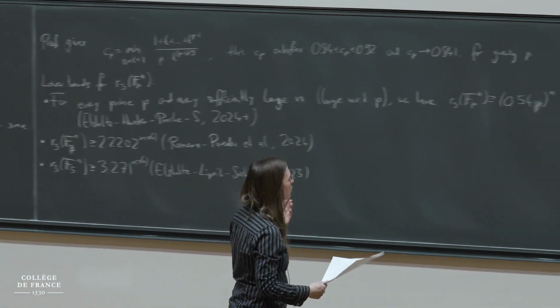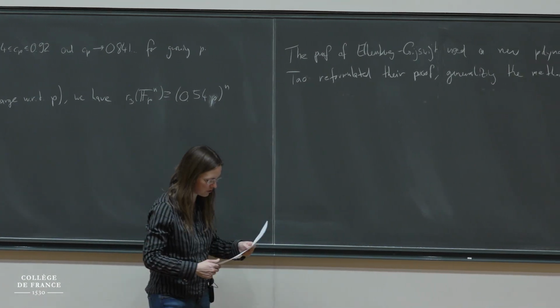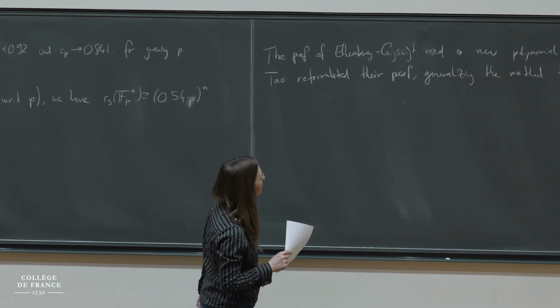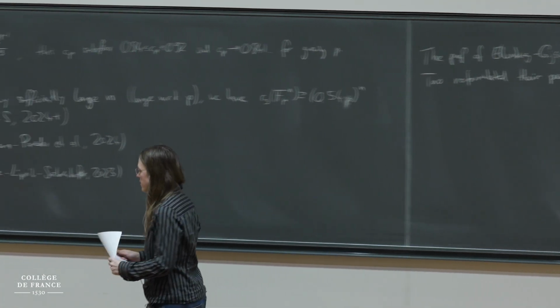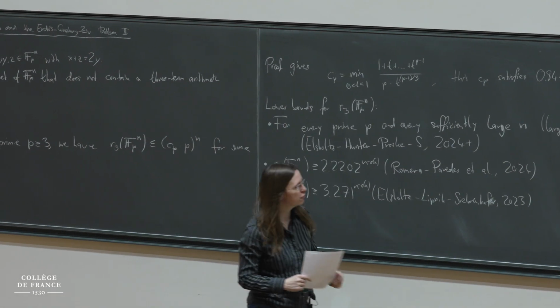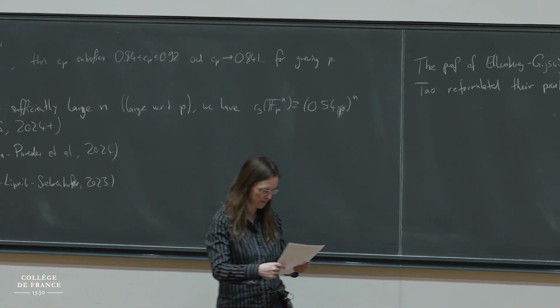Most of today's lecture is focused on explaining how this method works and showing some applications. In particular, the next thing we do is discuss the proof of this theorem, but not Ellenberg and Gijswijt's original proof, but this reformulated proof of Tao with the slice rank polynomial method.